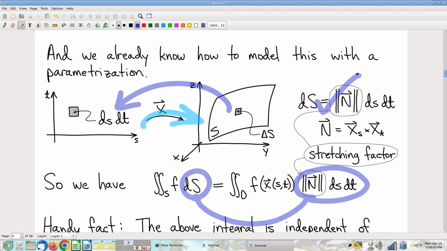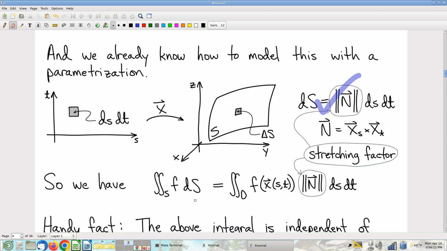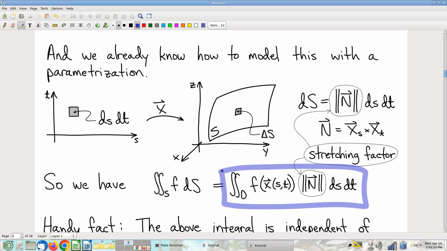Right? We already knew it. It was from the previous section. So we're in business. We have ourselves a formula. If you want to compute a scalar surface integral, parameterize your surface and plug into this formula right here.